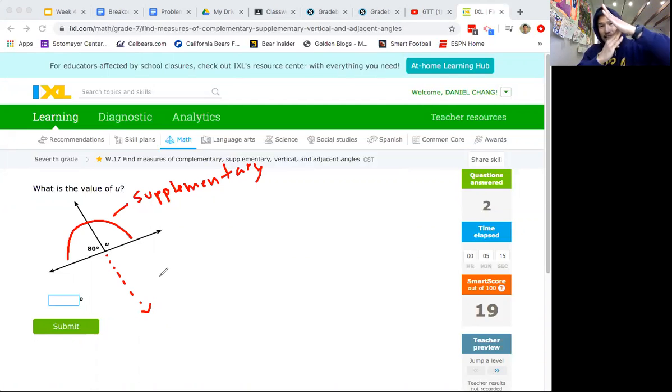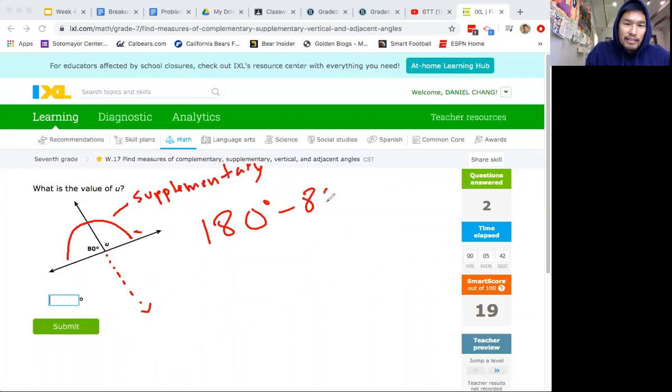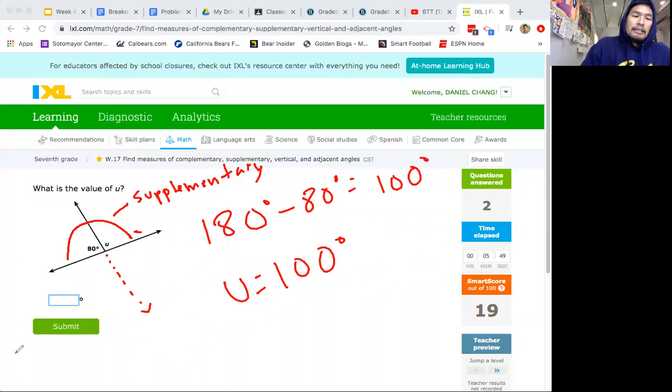It just sort of ends right there. But when you see one straight line, this would be a straight line, it's got a straight angle, and when it gets cut by another ray or another line, you know that the answer is just 180 degrees minus 80 degrees, which gets you 100 degrees. So U equals 100 degrees.